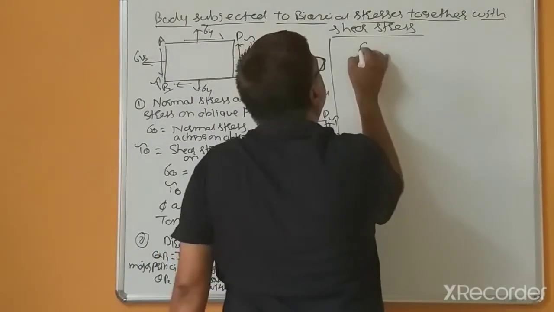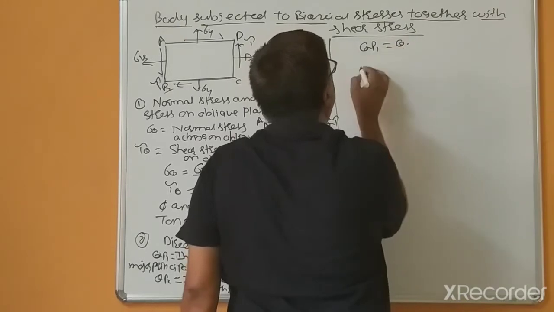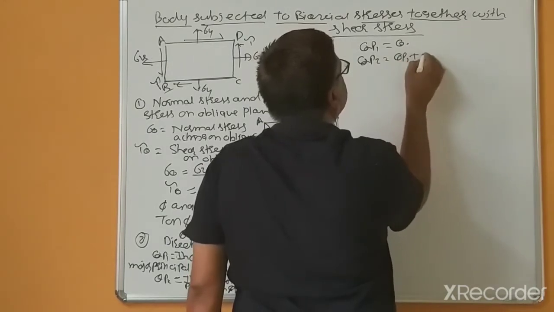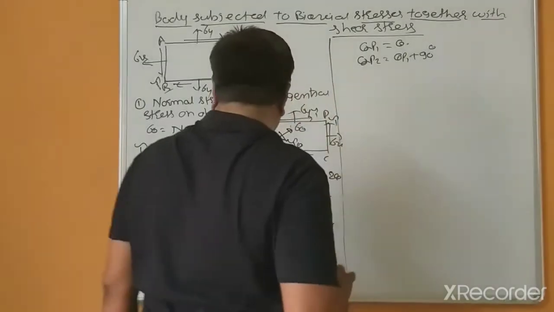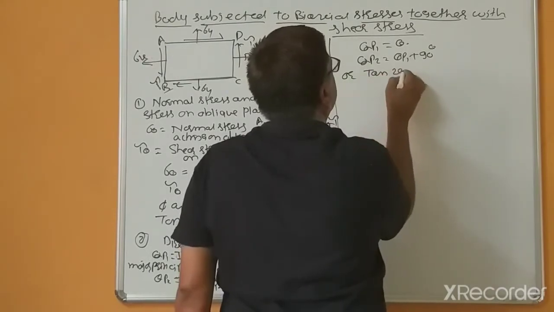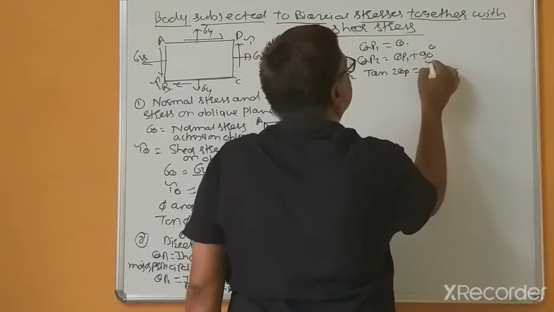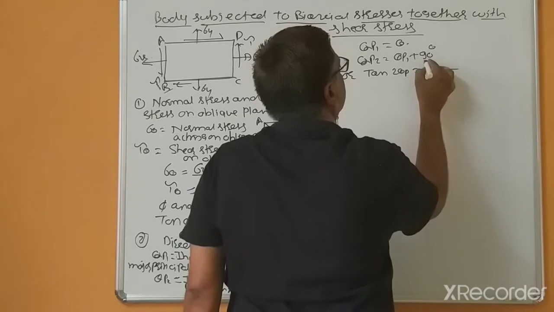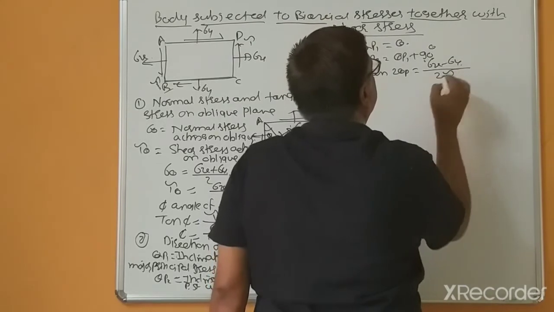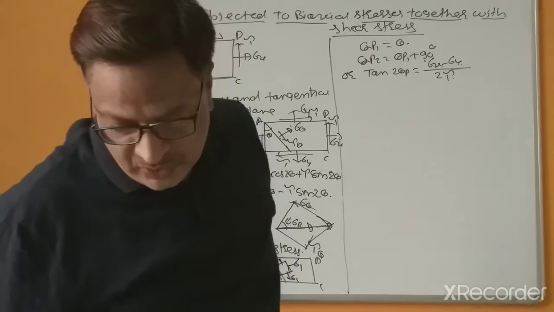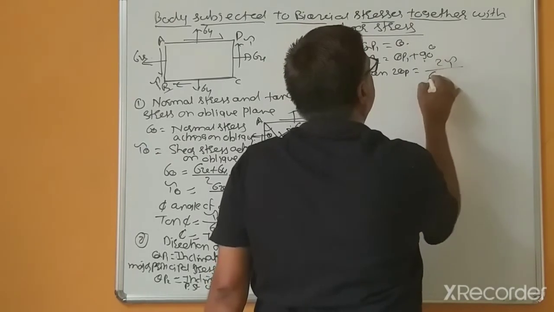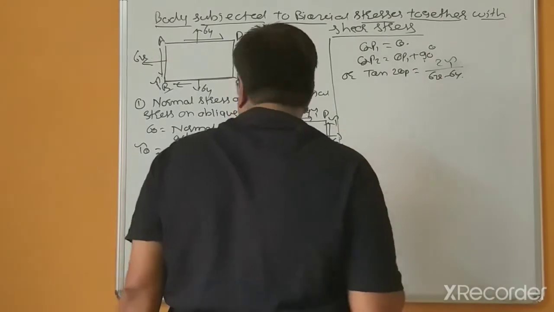So theta p1 equals theta, and theta p2 equals theta p1 plus 90, or tan 2 theta equals 2 tau divided by sigma x minus sigma y. So this is the second formula.